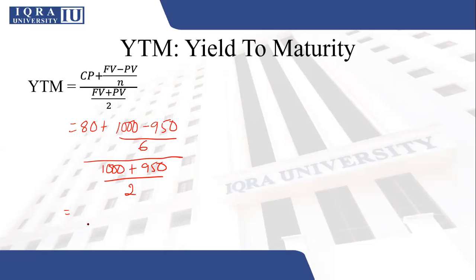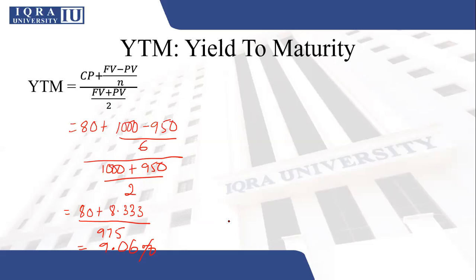So if you solve this, you get 80 plus 8.333, and this keeps on going, and then you have 975 over here. And if you solve this, you get 9.06%. So multiply your answer by 100 to convert it into a percentage.